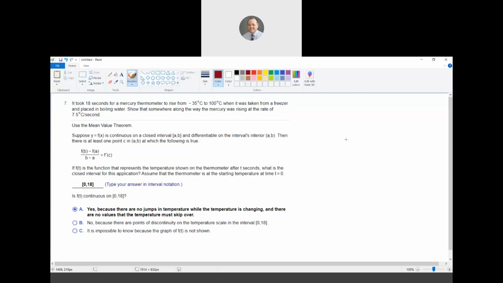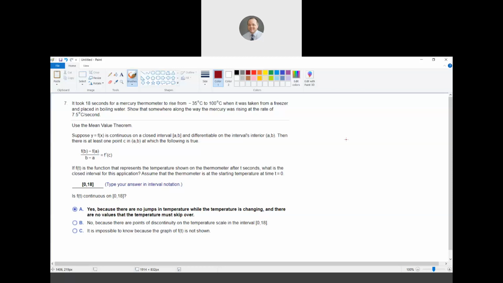So we're going to use the mean value theorem, and we're not given a closed interval, but actually we are, but not in the form we're used to. It says at the very beginning of our problem, it took 18 seconds for a thermometer to rise.